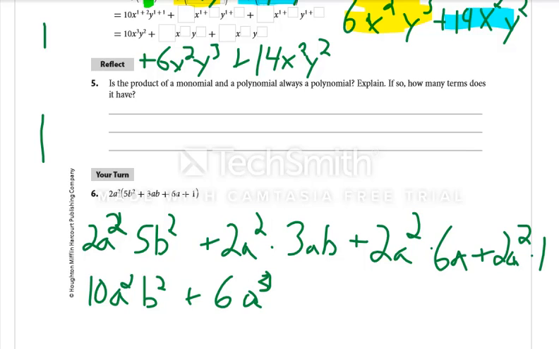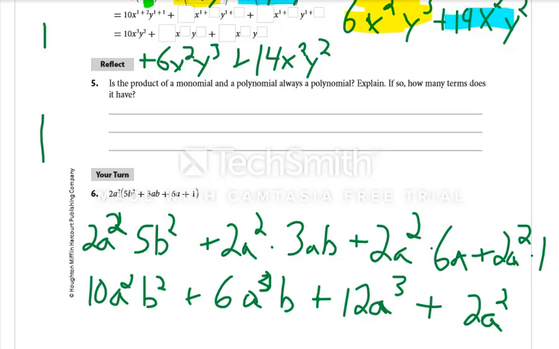And nothing times the b, so it's just b. Next, 2 times 6 is going to give us 12. And a squared times a is going to give us a to the third power. And lastly, 2 times 1 is just 2, so that's just going to be 2a squared.